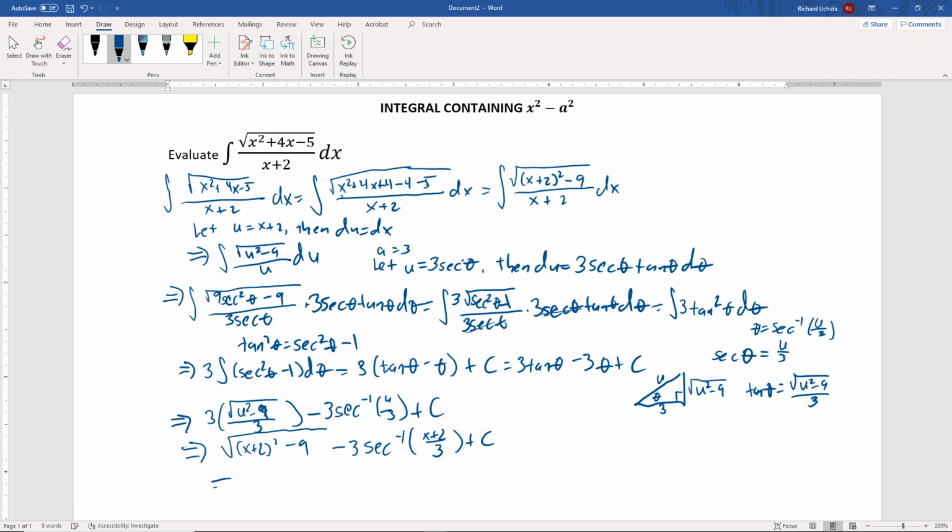And if you want, you could rewrite this as a square root, like squaring that x plus 2 and then the minus 9, so that gives you the square root of x squared plus 4x minus 5 minus 3. And like I said, you could also write this as cosine inverse of 3 over x plus 2, and then plus c.